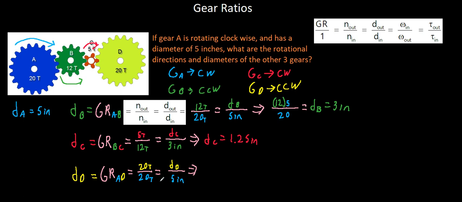If 20 over 20 is equal to something over 5, then we know that the diameter of D has to be equal to 5 inches so that they can be equal. 5 over 5 is 1, 20 over 20 is 1. Or, of course, we could just cross multiply and divide. We could say 20 times 5 is 100, divided by 20 is, of course, 5 inches.